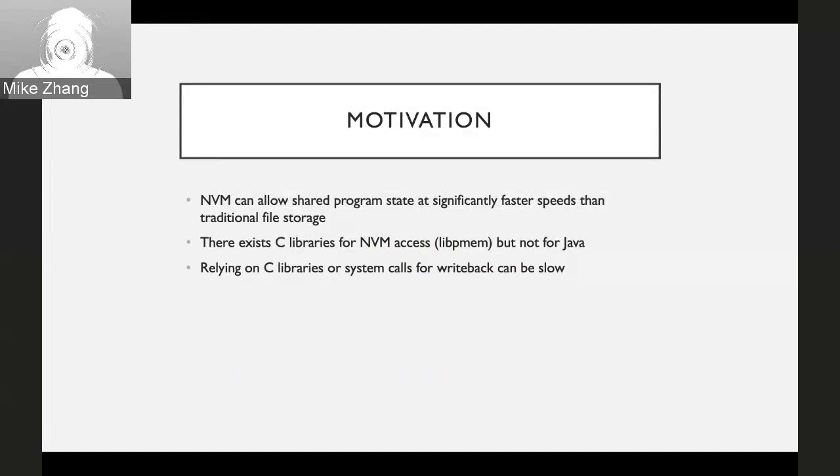They allow you to directly map a file over an NVM-backed device. An example is libpmem by Intel. This doesn't exist in Java before this JEP, so that puts Java developers at a disadvantage.